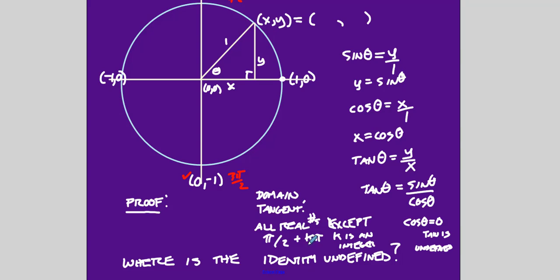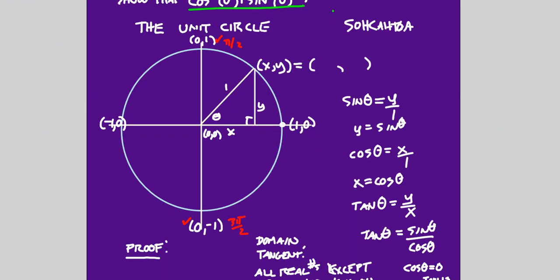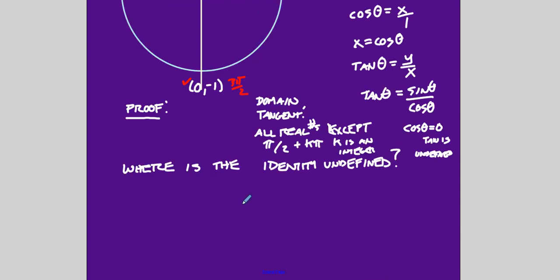It could be any negative integer, it could be any positive integer. Again, I'm going back to this previous page here. So if this is pi over 2, where does cosine equal 0? It's going to be pi over 2 plus pi, plus 2 pi, plus 3 pi, plus 4 pi, pi over 2 minus pi, minus 2 pi, minus 3 pi, etc. So that's where that comes from. So tangent, well, I'm not going to graph it here, is not continuous.